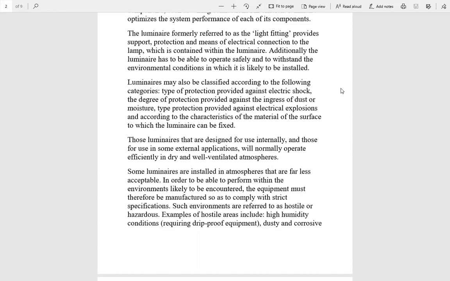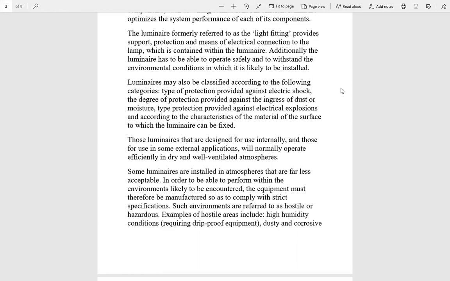Luminaires may also be classified according to the following categories: type of protection provided against electric shock, the degree of protection provided against the ingress of dust or moisture, type of protection provided against electrical explosions, and according to the characteristics of the material of the surface to which the luminaire can be fixed.